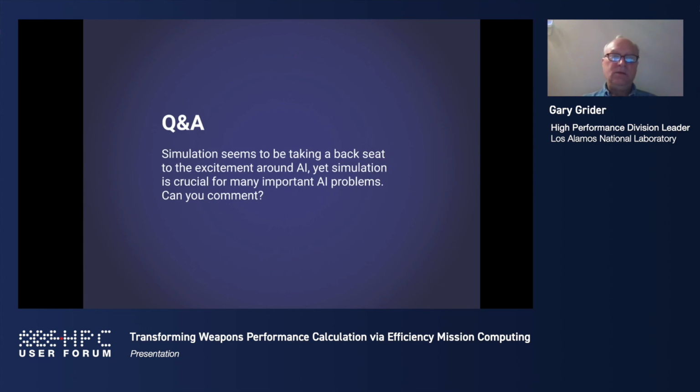But I think we'll also use AI to help our simulation for the weapons program. But I think AI is cool. I think AI is cool for information science. I don't think AI is quite as cool for physics, but it has its uses, and we'll try to leverage those as best we can.